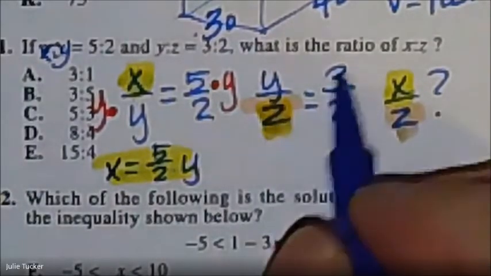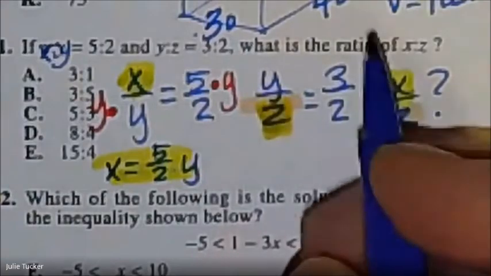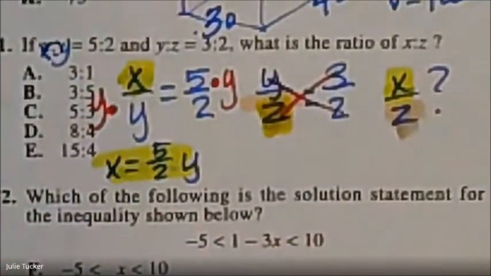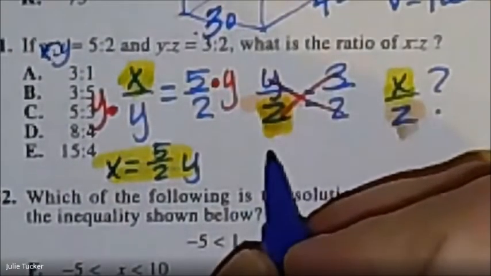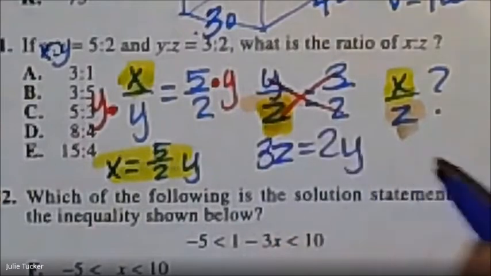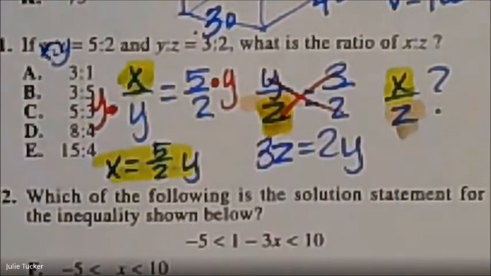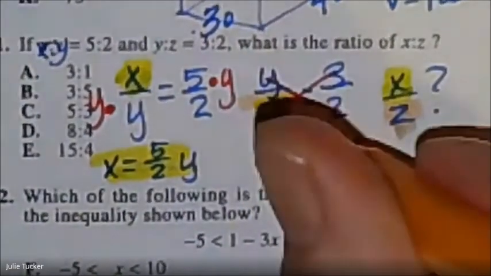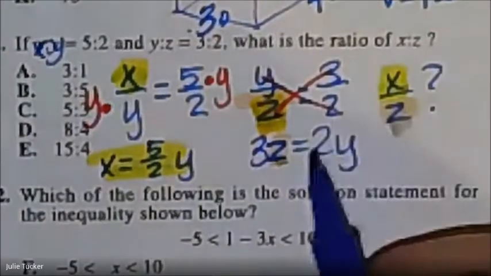So what if we do a cross product with this one and go this times this equals that times that? So then we'll have 3z equals 2y. And remember, we're trying to get z by itself. Wait, this is orange. We're still trying to get this by itself. So we have to divide by 3 now.